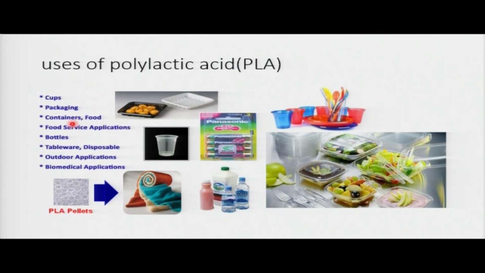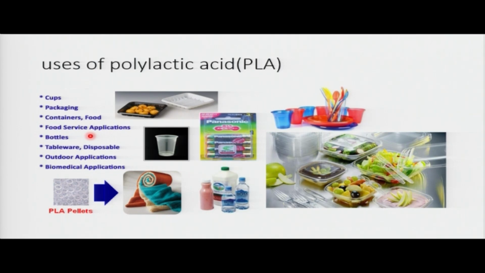So they can be used to make containers for food service applications like we see here in our pictures. They can be used to make bottles like you see here. Then tableware like you see here, which is disposable. Then outdoor applications, then biomedical applications, very many applications of polylactic acid.